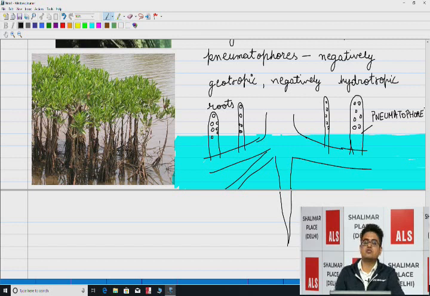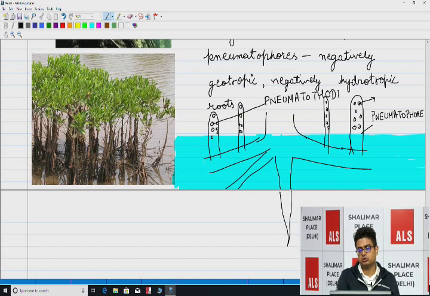Actually, it looks like some kind of thorns. This pore that is present is for intake of air. It is called pneumatothode, air pore.